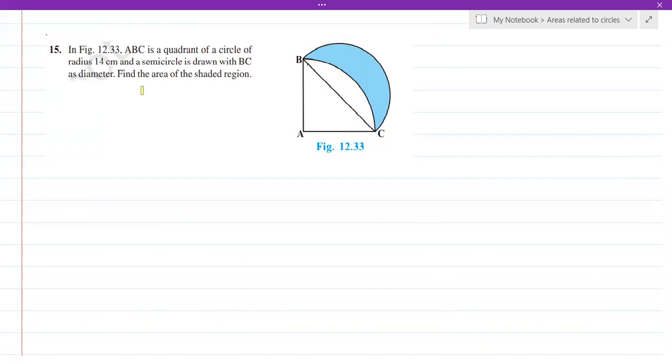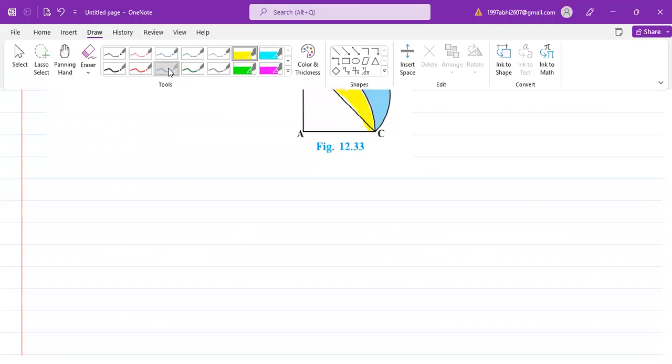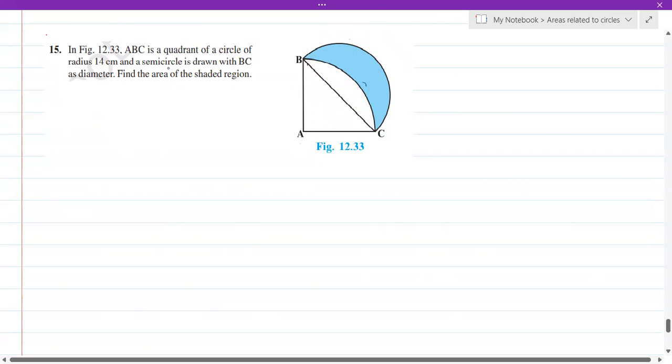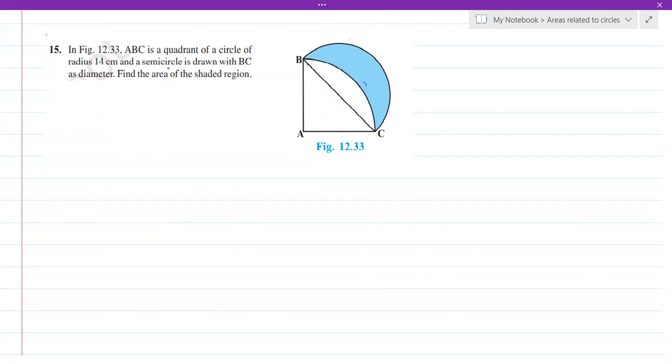Then we get only this much, isn't it? Now this complete thing is a semicircle. In that semicircle, if we subtract this part, we'll get the answer. So you can also take the triangle as region 1, this as 2, and this as 3. The required region is 3.